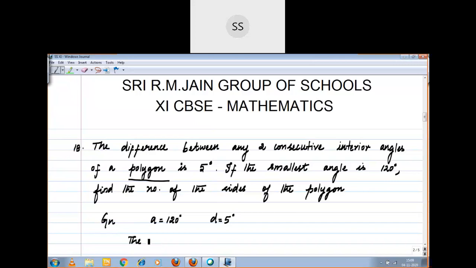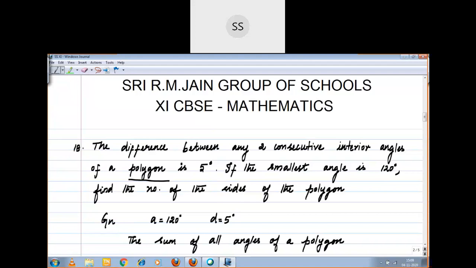The sum of all angles of a polygon with n sides is 180 degrees into n minus 2. Polygon means what I said?